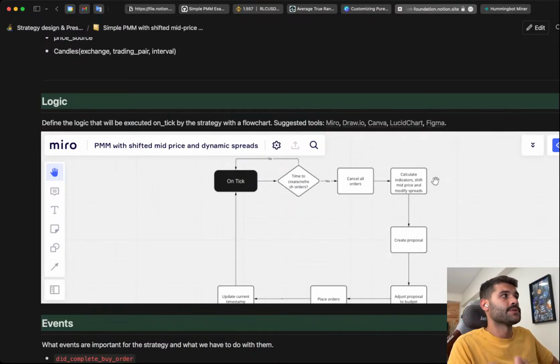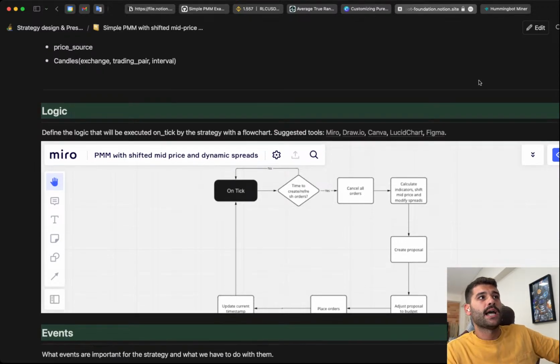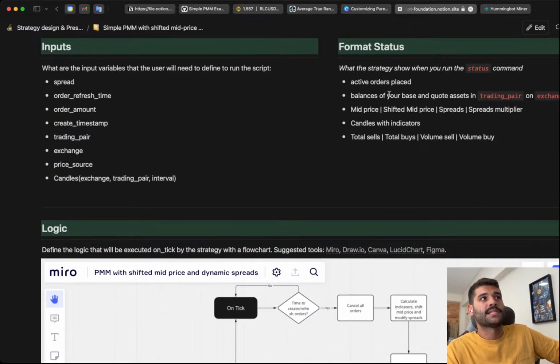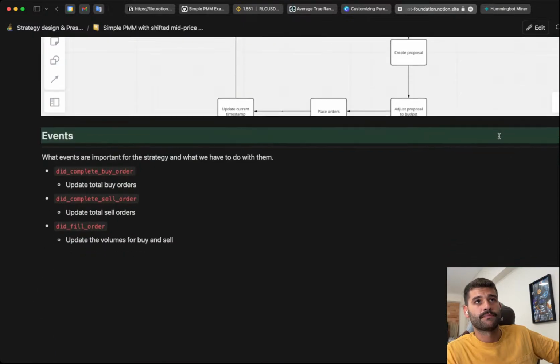Also, to demonstrate how you can use information from the bot to see what is happening, I include a format status that is showing the active orders, the balances, the mid price, the shifted mid price, the spreads, and the spreads multiplier, the candles with the indicators, the current indicators, and I'm also going to show the total sales, the total buys, the volume of sell orders, and the volume of buy orders.